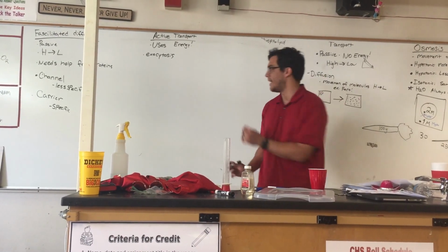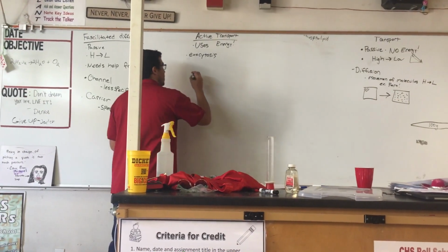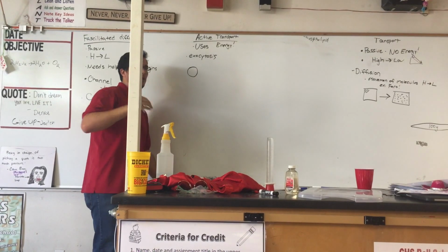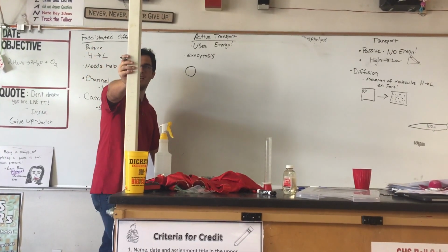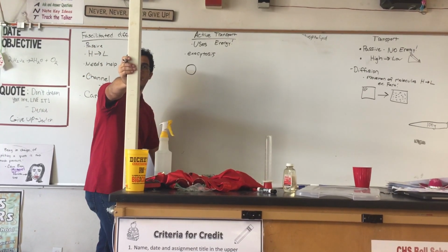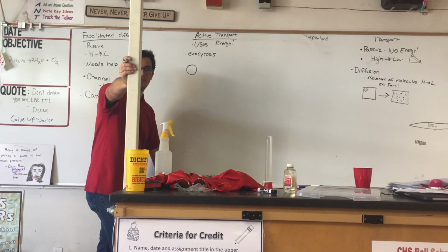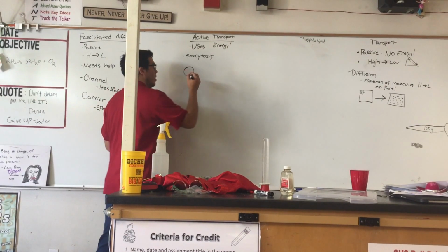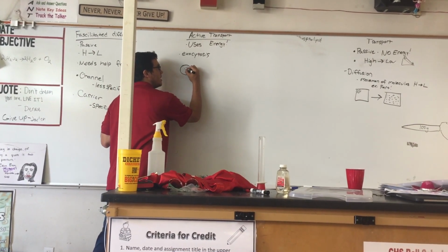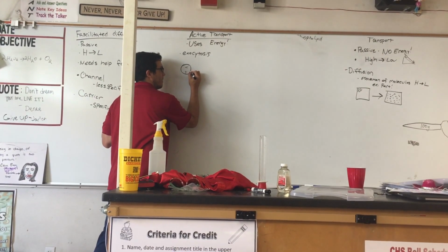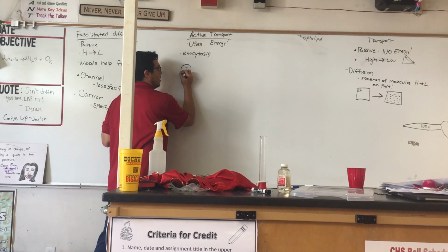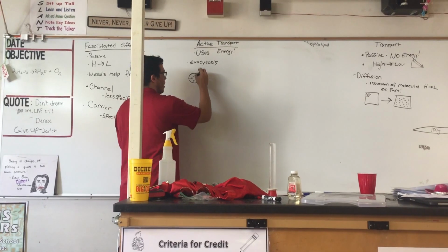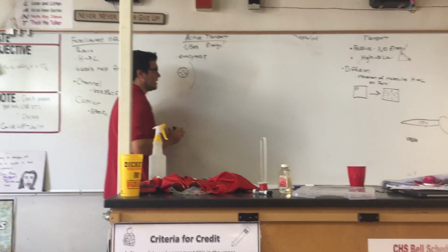So I want them on the outside. If it's a protein meant for the outside, was it made on a free-floating ribosome or a ribosome that's bound to the reticulum? If it's made for the outside of the cell, it's made on a bound ribosome. And it's going to head towards that cell membrane.